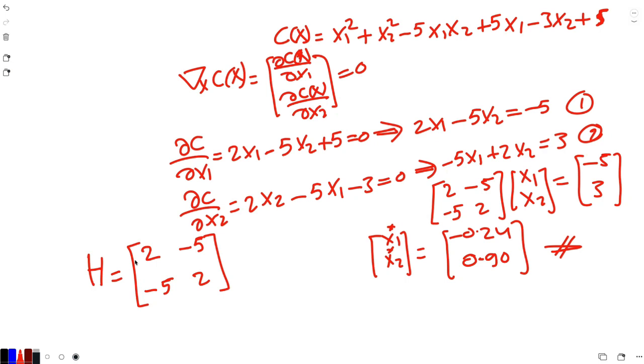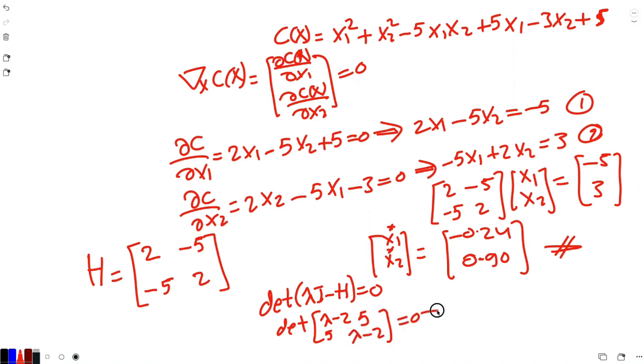We can easily find that by using the eigenvalues. The eigenvalues are those which make the determinant of lambda I minus H equal to 0, which means the determinant of lambda minus 2, 5, 5, lambda minus 2.